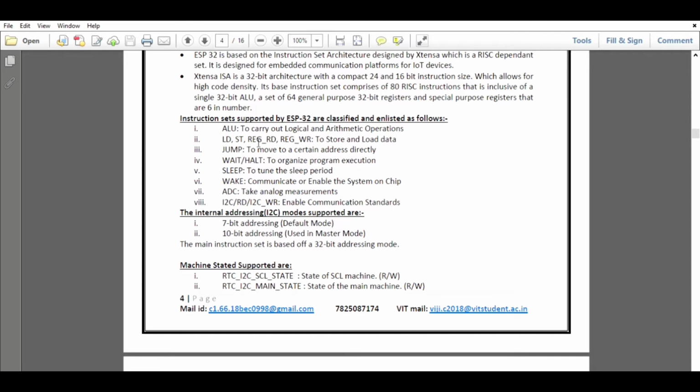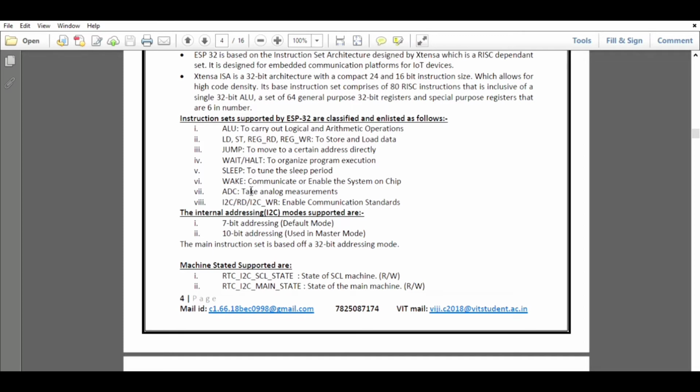LD and SD, register reader and register writer, are used to store and load data. Jump is used to move to a certain address, and wait or halt organize program execution. Sleep is used to tune the period while sleeping the computer, and wake is used to communicate or enable the system on chip.